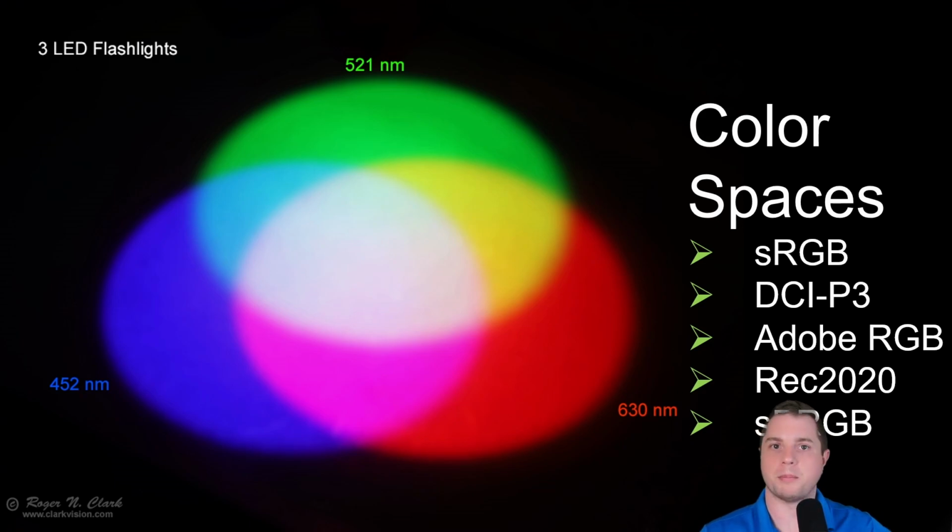So how do we represent 521 nanometers of light? Well, we do that through color space. We say, this huge chunk of zeros and ones represents this wavelength of green.